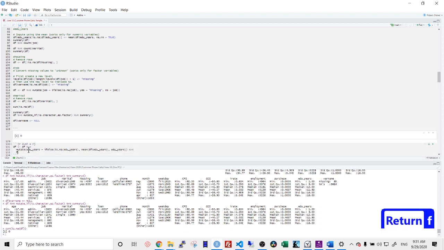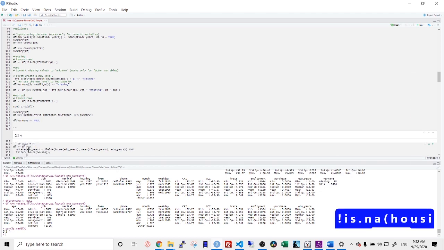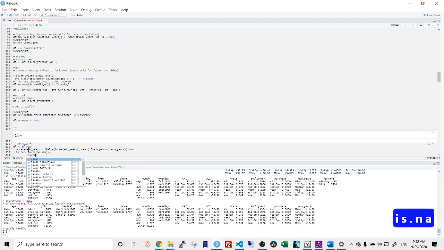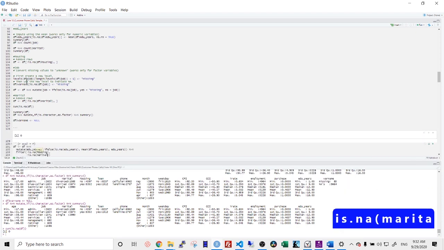And then you want to filter out all of the records that are missing for housing. So you want not is.na of housing, and you want not is.na marital. And then finally for job, we move this to a new category called missing. So you want to add another mutate argument.